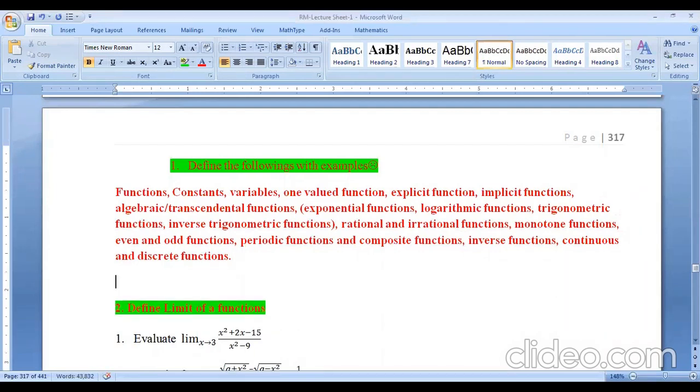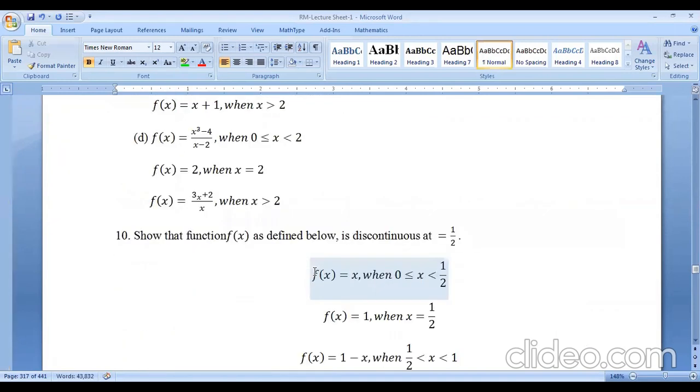Suppose we are given an example of an even function and an odd function.